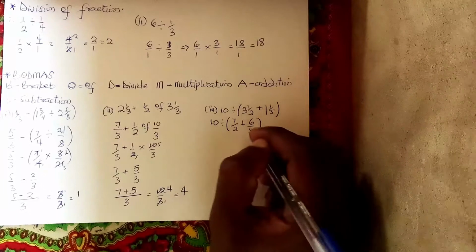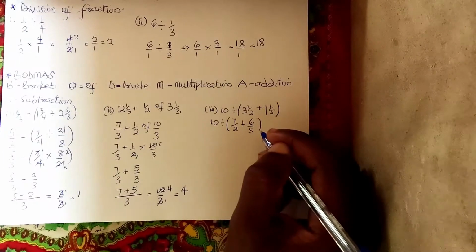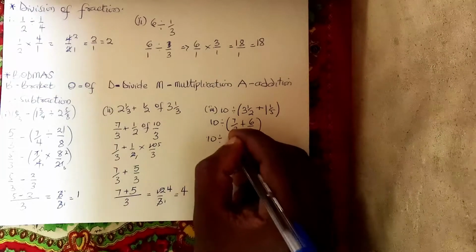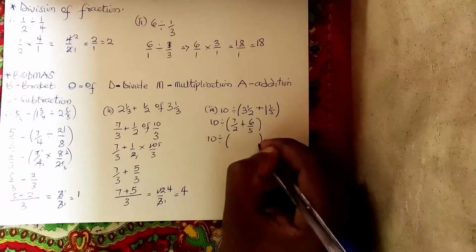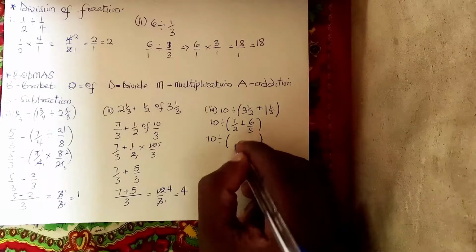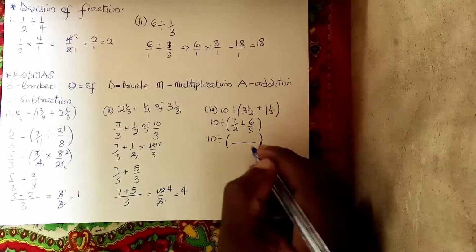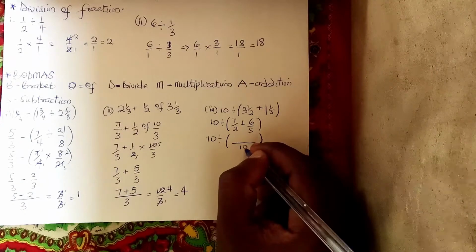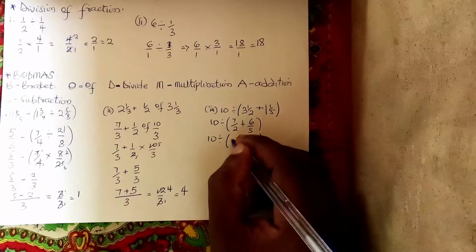Solve the ones in the bracket first, since it says bracket first. Bracket comes before division, so we have 10 divided by bracket open. We find the least common multiple. So the least common multiple here is 10. 2 divides 10 by 5. 5 times 7 is 35.